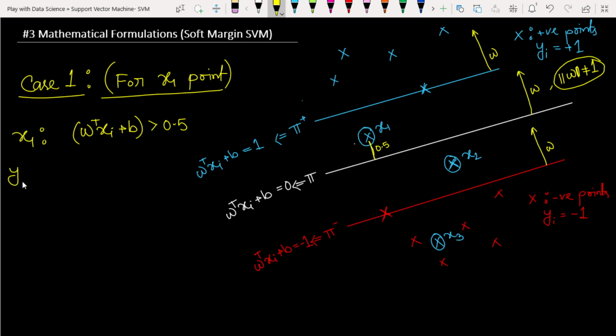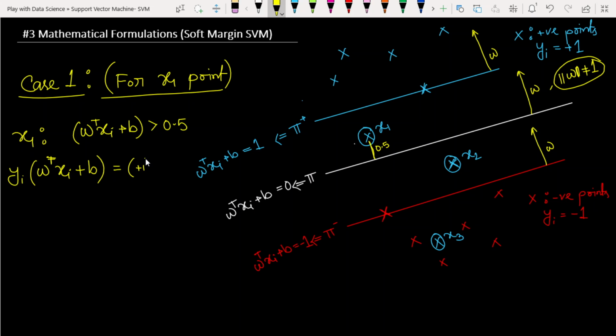Now I am interested in calculating yi into W transpose xi plus b for this point. This is a positive point, and for all positive points yi is equal to plus 1.